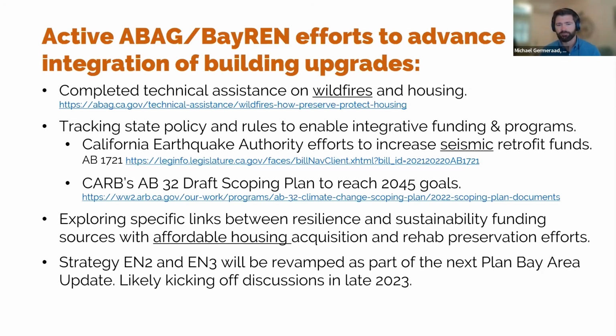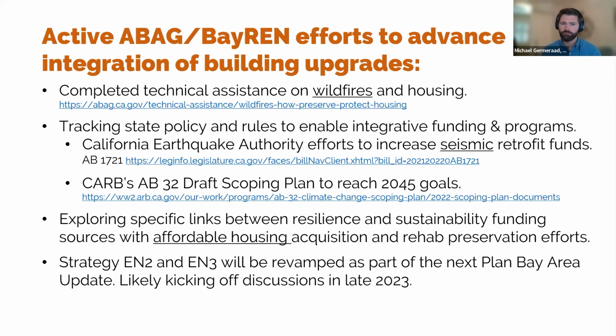The second piece is we've been tracking a number of state policies, rules, and budget to enable integrative funding and programs. Anyone who's well-versed in BayREN, as well as pretty much any other funding source, knows that there's a lot of restrictions on how funds can be used for a very specific purpose. So we're trying to work through the state budget to increase the flexibility of funds that are out there.